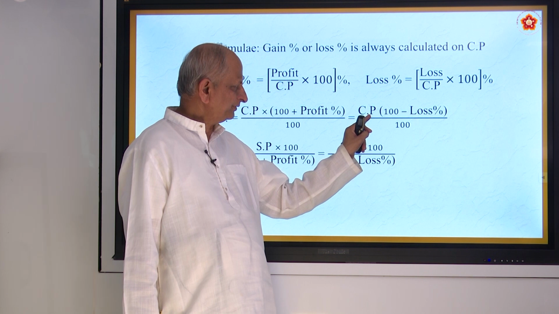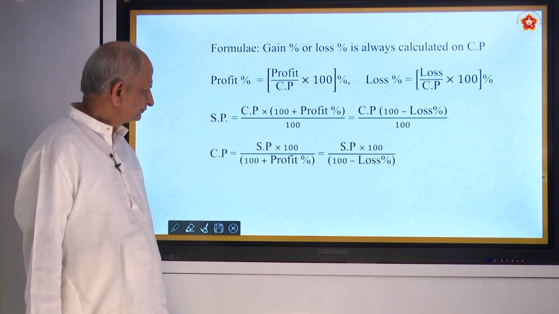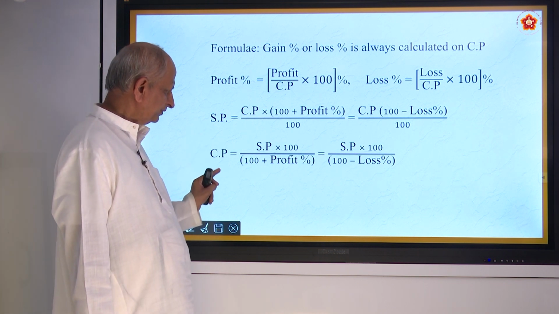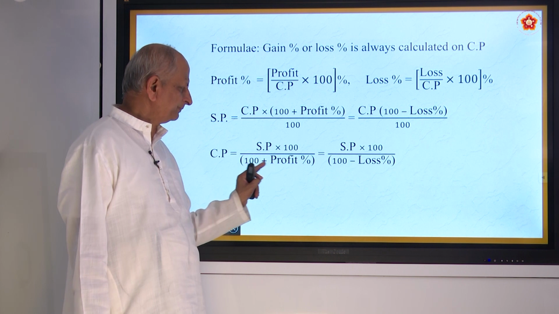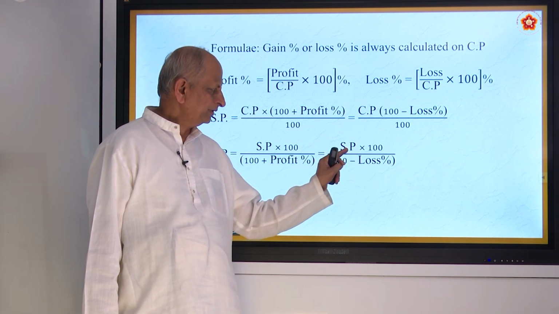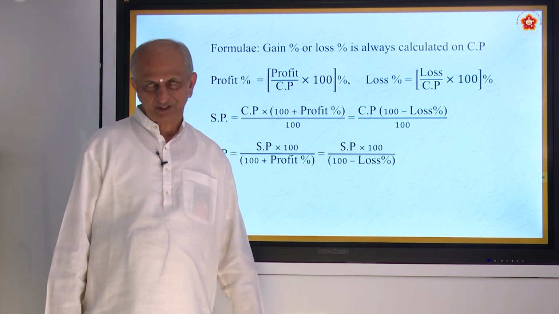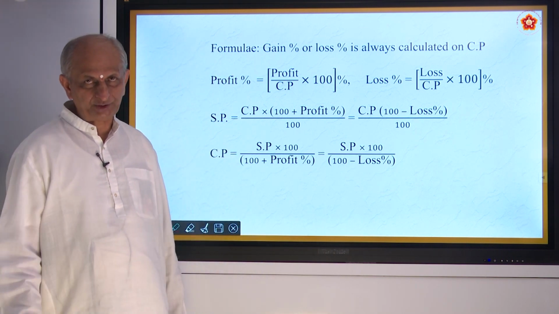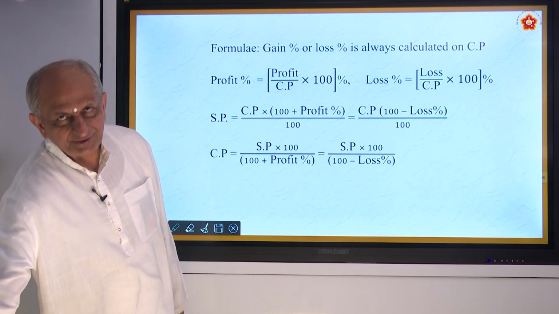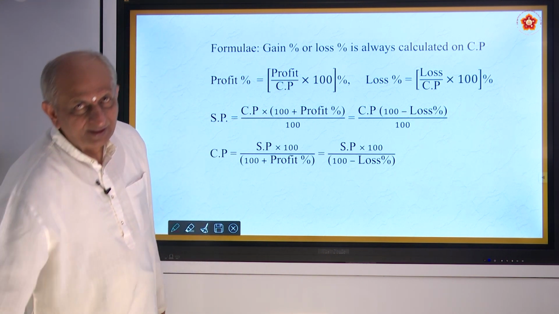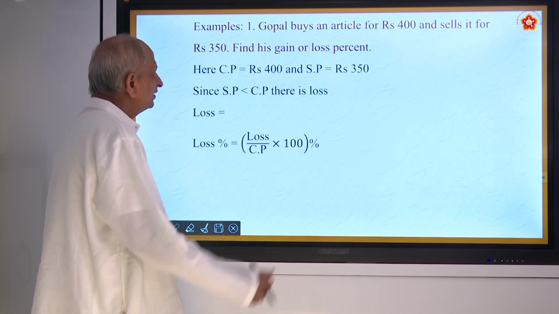Or if it is loss, CP into 100 minus loss by 100. That will be the selling price. Coming to cost price, selling price into 100 by 100 plus profit, or selling price into 100 by 100 minus loss percentage. These are the formulas. You note them down, practice them 5-6 times, and let us work out some problems on this.